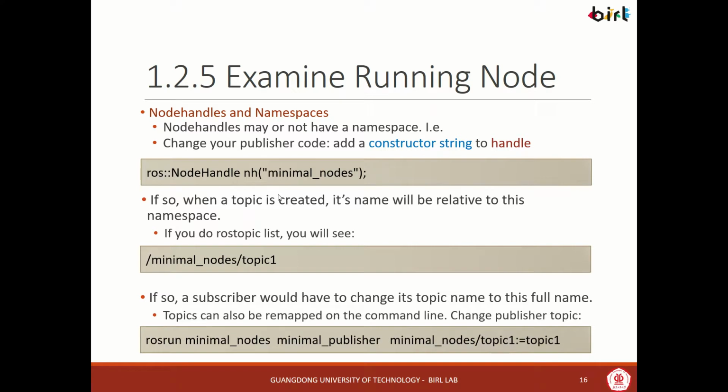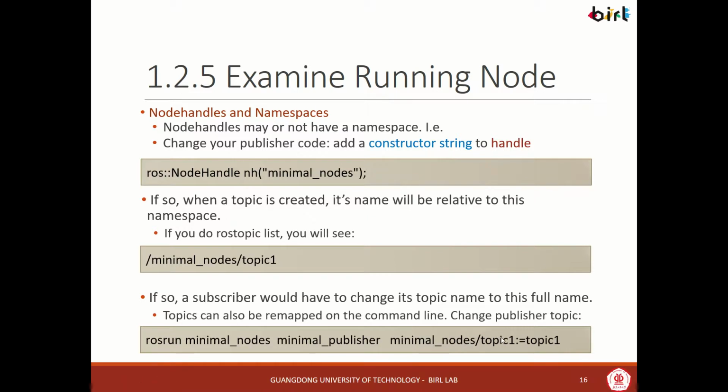And then let me introduce you to one more thing that's interesting, which is called topic remapping. Let's say we have a subscriber, and the subscriber just wants to talk to topic 1, not to minimal nodes topic 1, okay? If we do that, then I need to know that this node, minimal publisher, is publishing a topic with this name, minimal nodes topic 1.